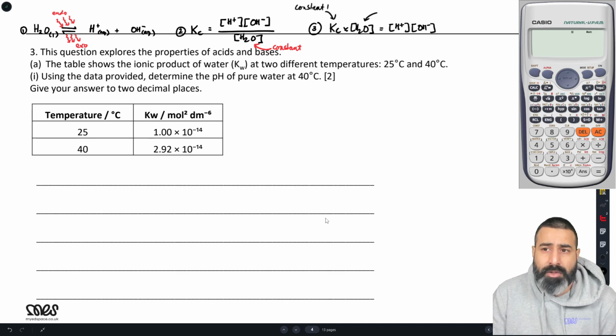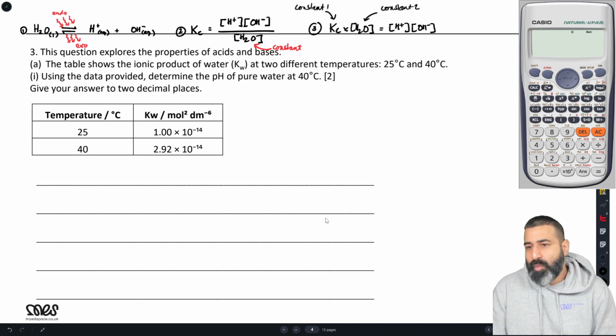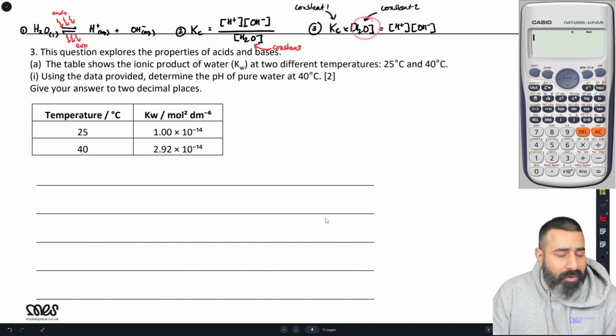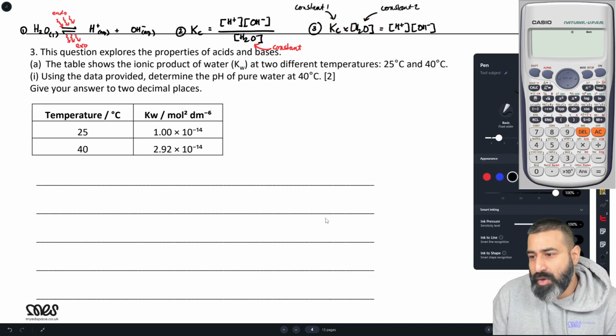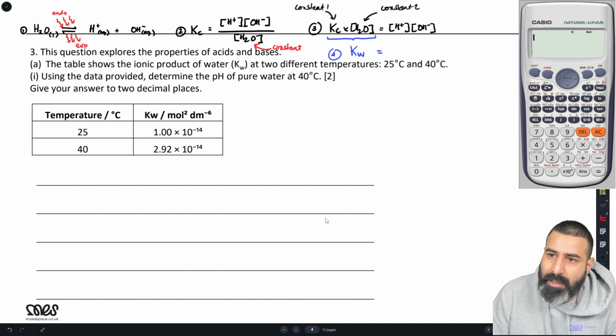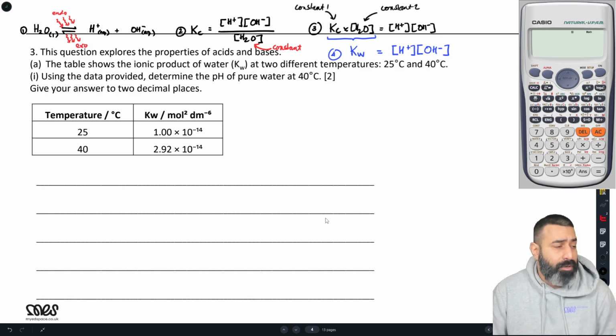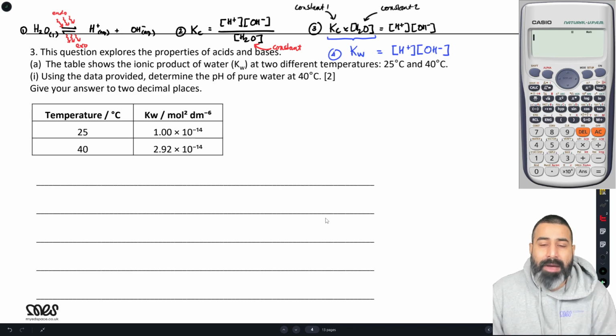We've said that the concentration of water effectively doesn't change, so this is a different constant, so constant 2 if you want to call it that. So one constant multiplied by another constant just makes a new constant, and this new constant is going to have the label Kw. So Kw is equal to the concentration of H plus ions multiplied by the concentration of hydroxide ions. And there you go. And remember that this is temperature dependent, okay?